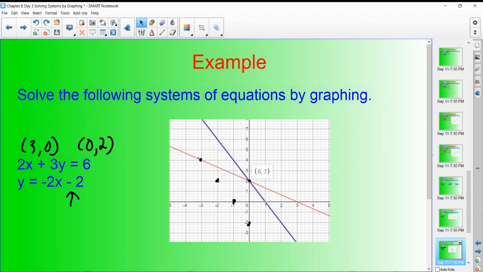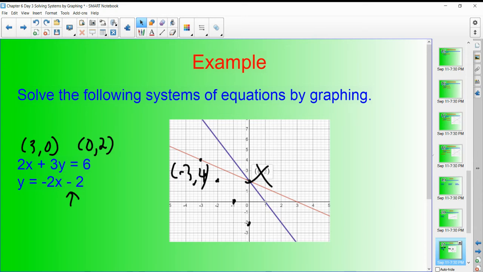And now I see the actual point they meet at is -3, 4. So I go and look and I'm like, oh, that answer doesn't make sense. And I could even put 0, 2 into both equations, and if it doesn't make the equations true, then it's not right. That's how we know whether the answer is right or wrong. We don't just check with the answer key or say, well, I hope. We can check our own work.